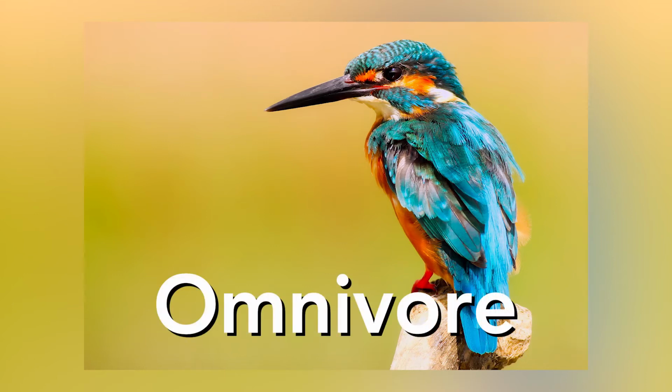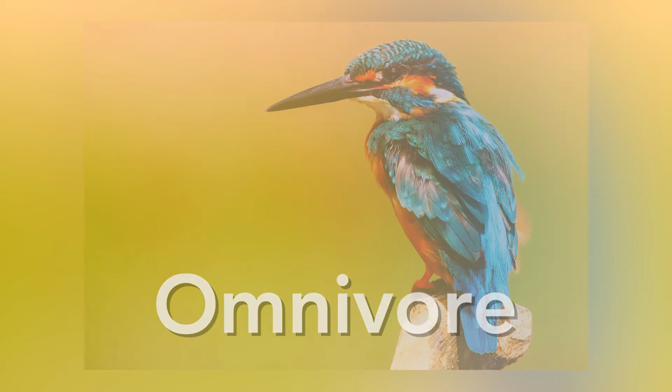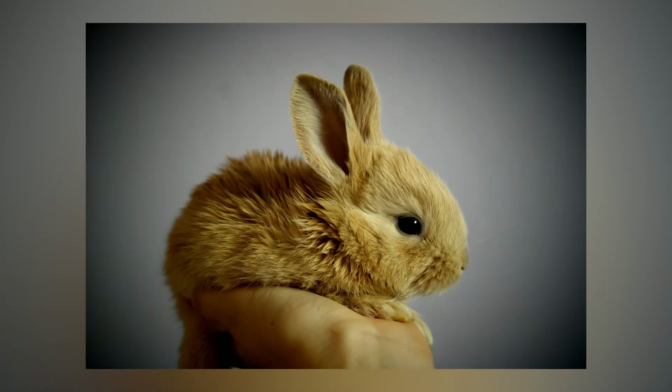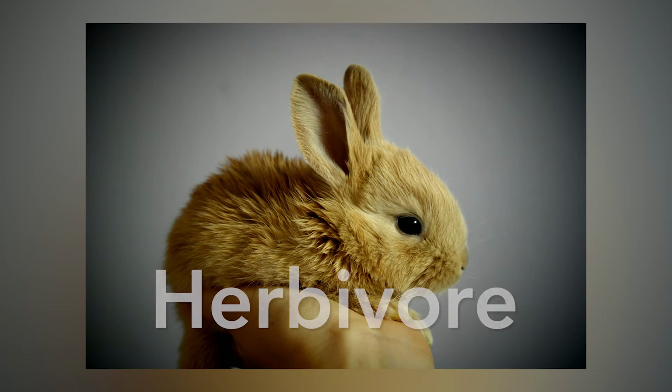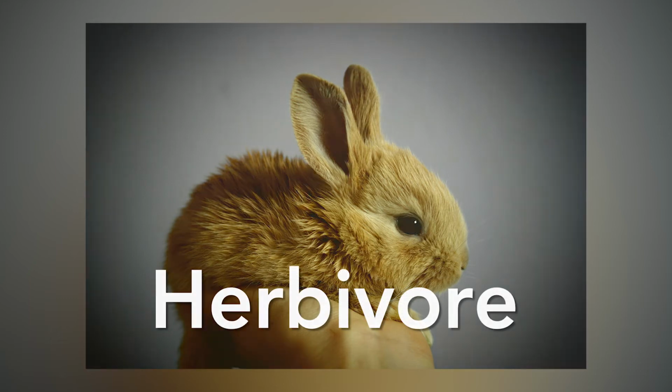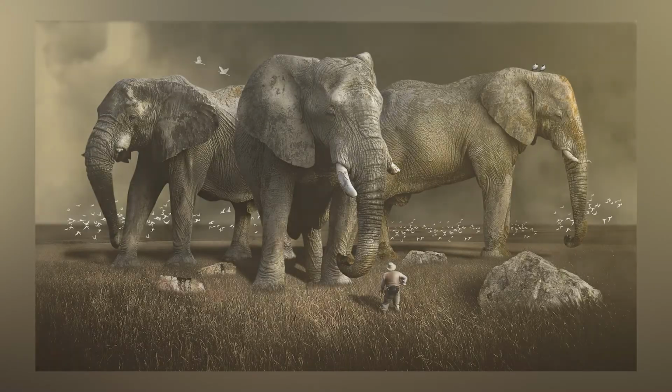And you guessed it, a bird is an omnivore. Good job. Next picture. It is a rabbit. A rabbit is an herbivore. Next picture is an elephant.